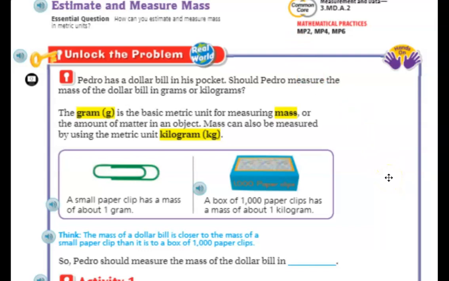Now we've gone over what metric units are. It's the standard unit of measurement in definitely math and science around the world. And that way, if you measure in the United States in, let's say, Mercer, Pennsylvania with 1 gram, and then you go to Australia and you measure something there and it's 1 gram, then you know it weighs exactly the same.